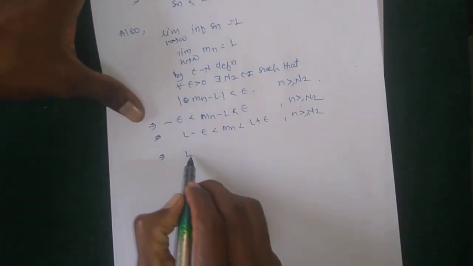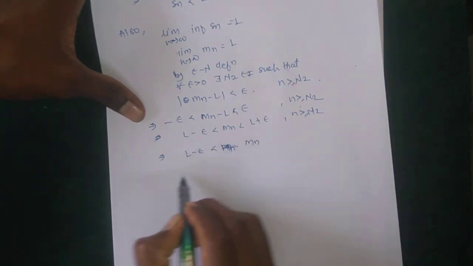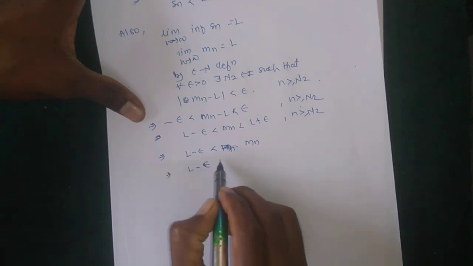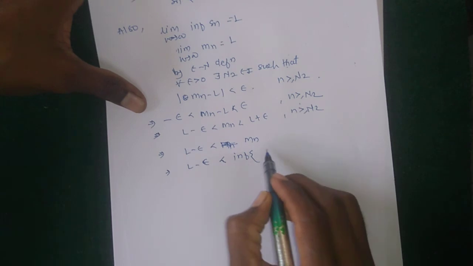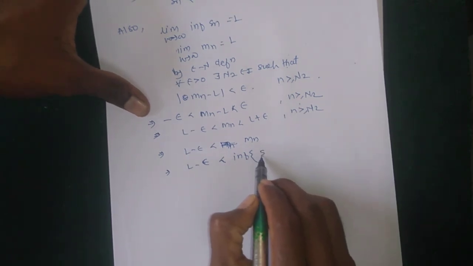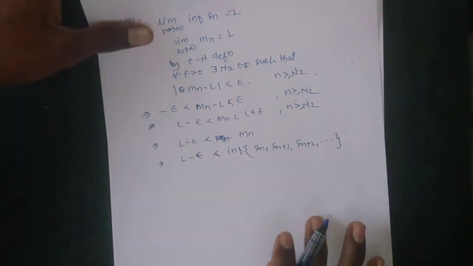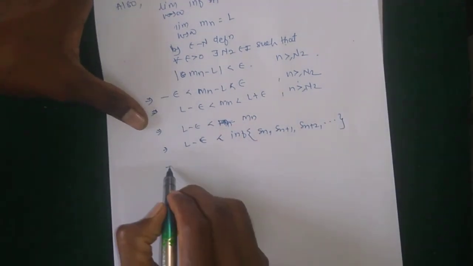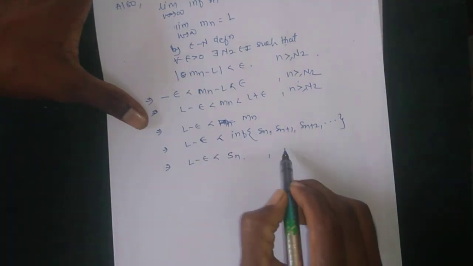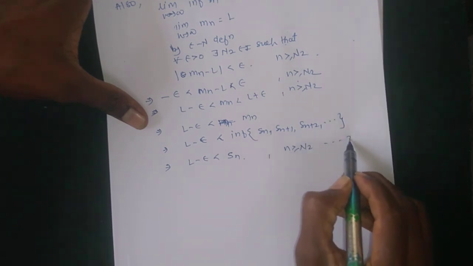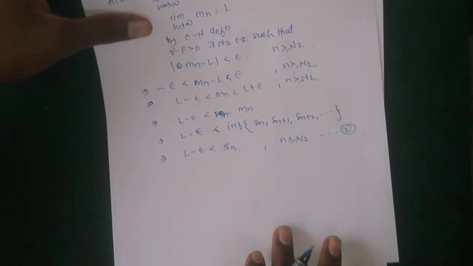Therefore L minus epsilon is less than small mn, which implies that all terms of mn must be greater than L minus epsilon. Since mn is the infimum of Sn+1, Sn+2 and so on, L minus epsilon must be less than Sn for all n greater than or equal to n2. This is equation number 2.